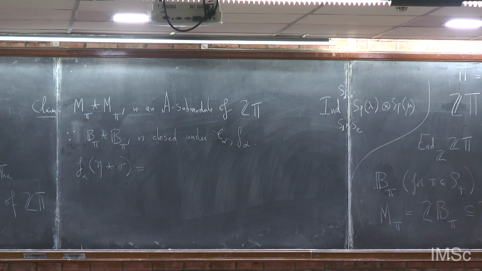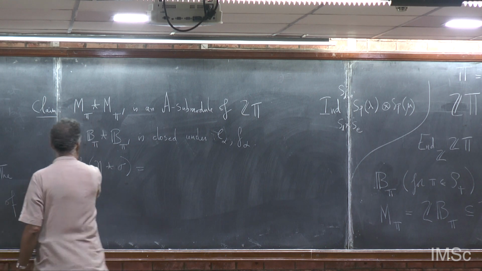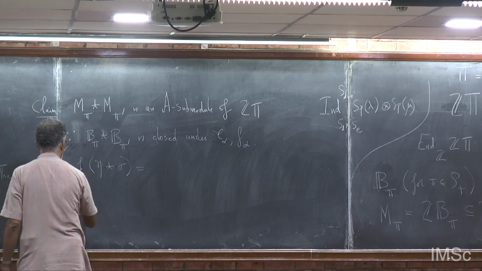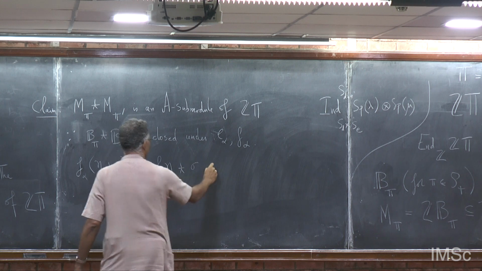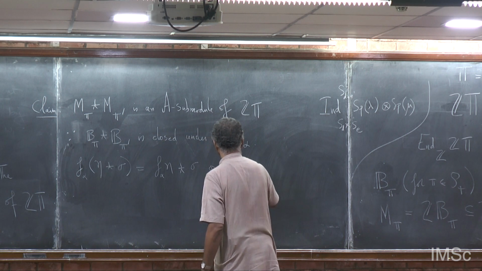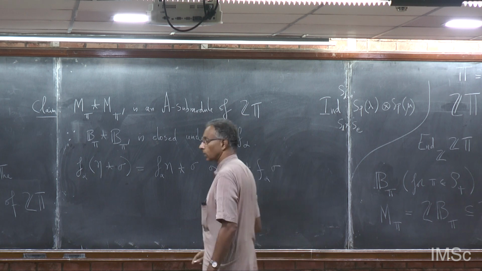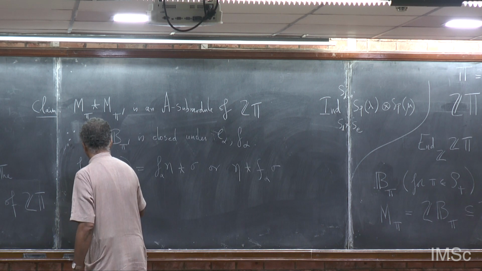We proved as a corollary of the isomorphism theorem, on the very first day when I started lecturing, that any element of B pi has the minimal integrality property. So this is equal to f alpha of eta or eta f alpha sigma. Similarly for E alpha.